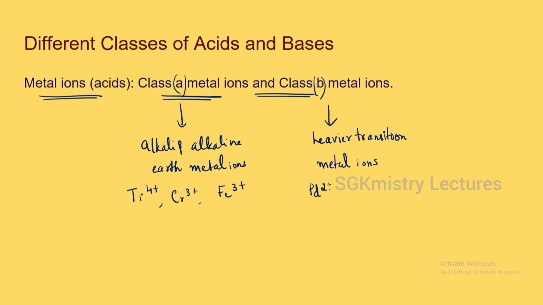So mainly we are going to consider the ions of the second and the third row transition elements, that is the 4d and the 5d metal ions. So Pd2+, you can take Pt2+, Cd2+. So these are a few examples. As well as we can also consider the lower oxidation state ions like Cu+ as well as Ag+, Hg+, etc. So these are considered under class B metal ions.